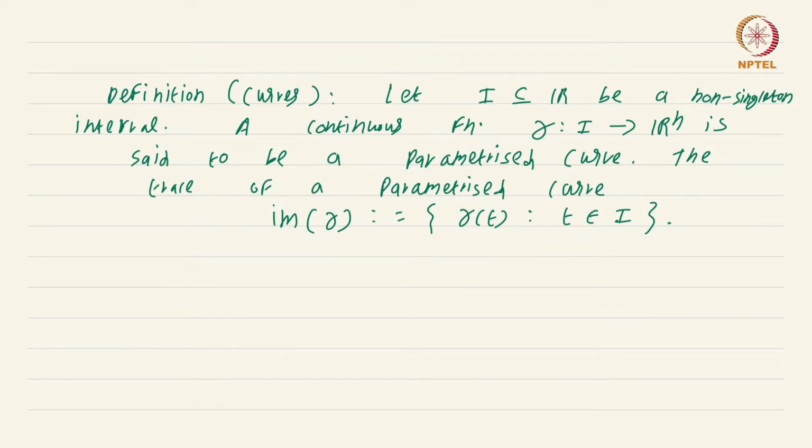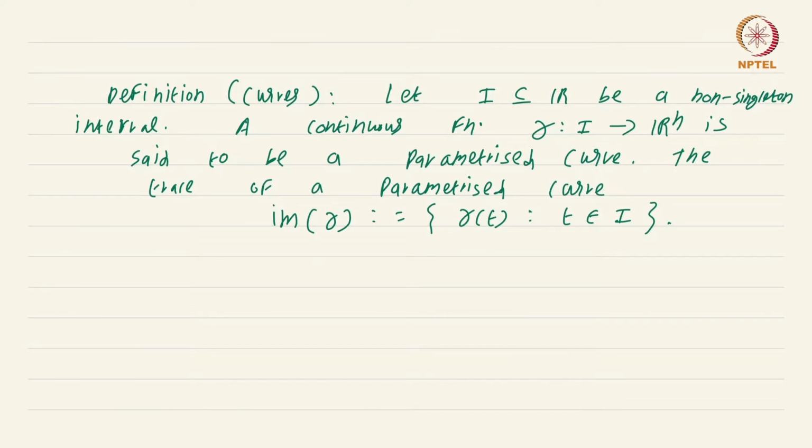For the purposes of these videos, it is important to distinguish between a parametrized curve and its trace. Often when we speak of the trace, we will call it a curve, but whenever we are in proofs, a curve henceforth always means a function gamma from I to R^n. So this is crucial.